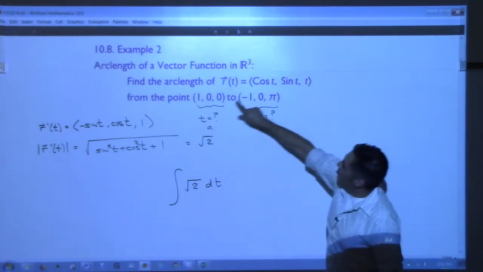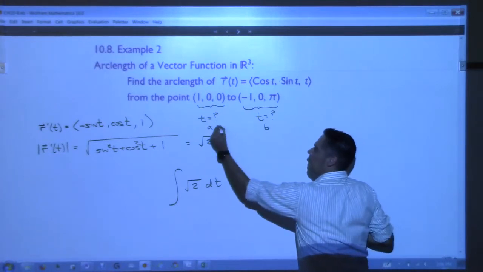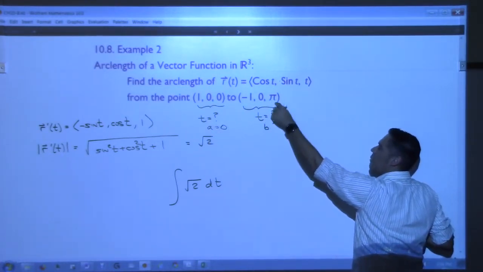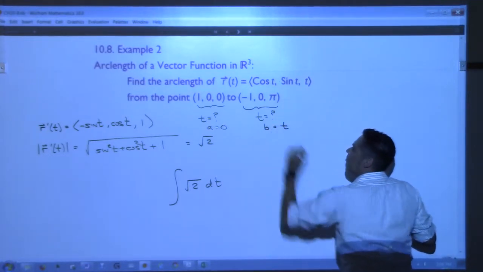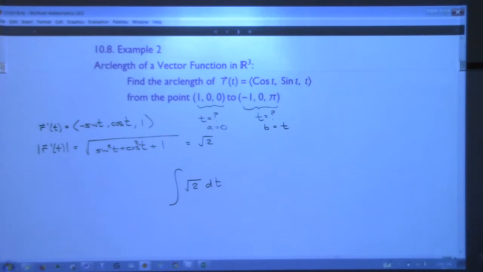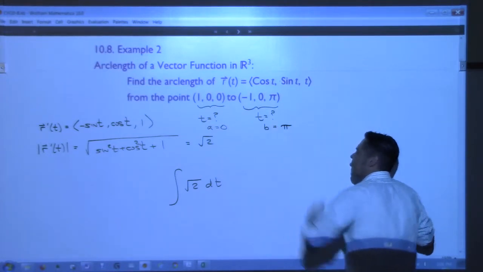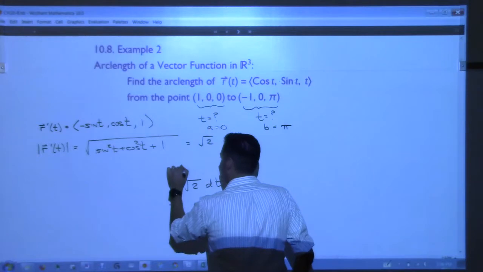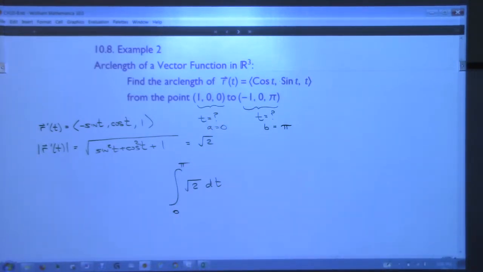So if you want that last thing to match, then this had to have been 0. And then this last component has to match that component. So t would have to go to pi. Make sense? I don't know why I put t. That should have been pi. So we're going to go 0 to pi. And then you could do that, right? All right?